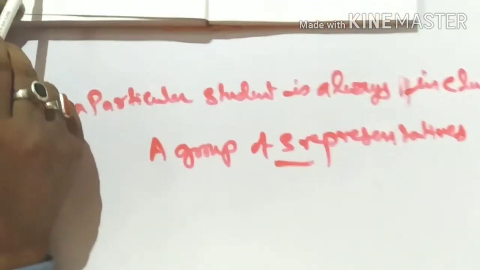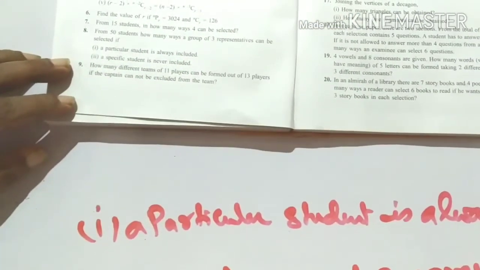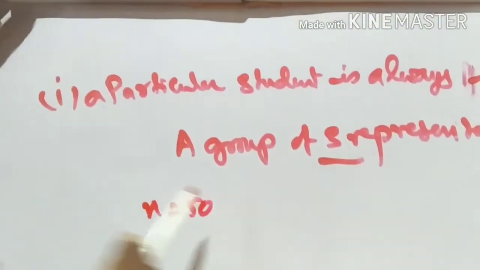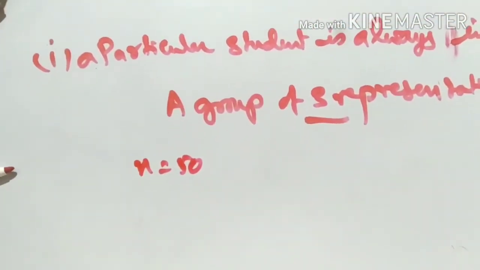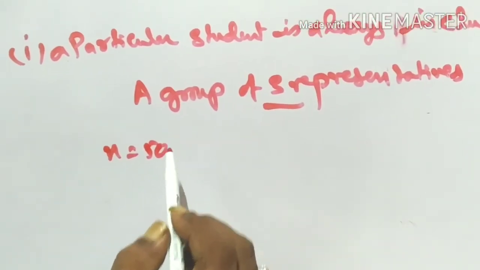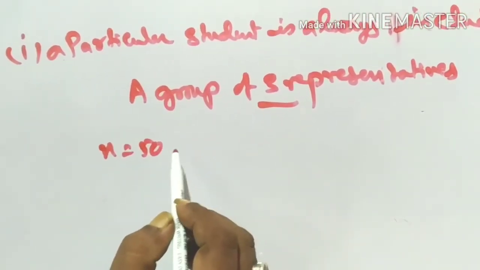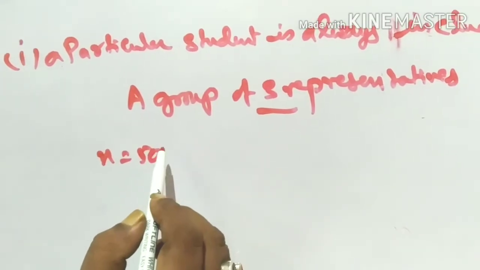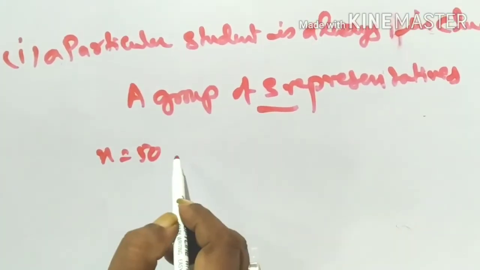Out of the total, n is equal to 50. Since that particular student will always be present, we will remove that student from the total number of students.